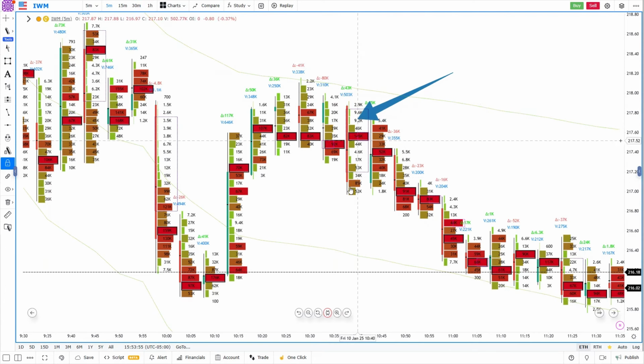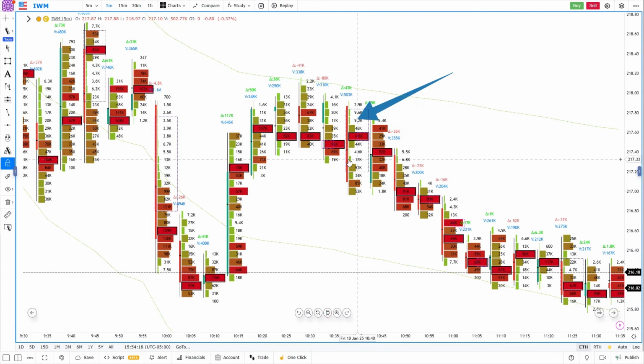Okay. So let's look at this red candlestick right here. This is a negative candle, right? Because the open of this candle was 217.87, but the close of the candle was 216.97. So it closed lower than where it opened. So technically it is a negative candle.